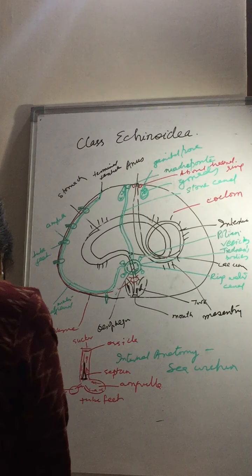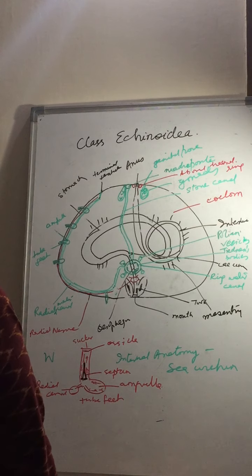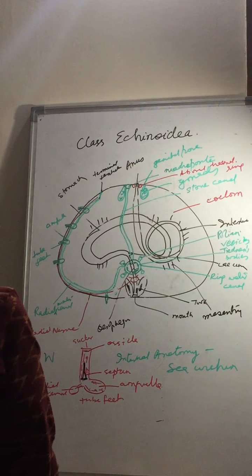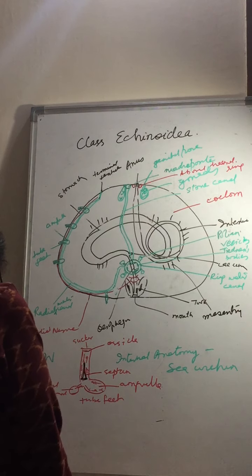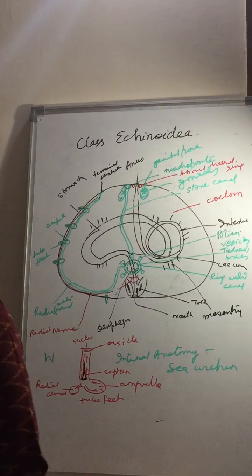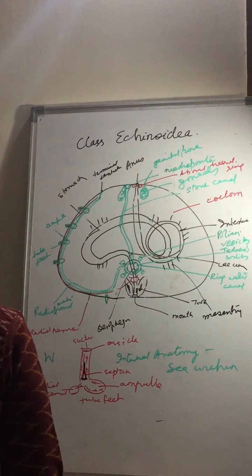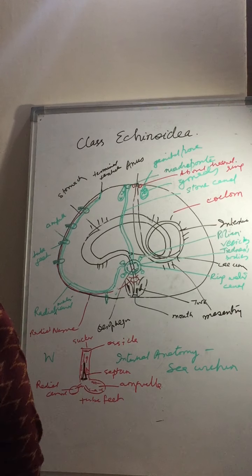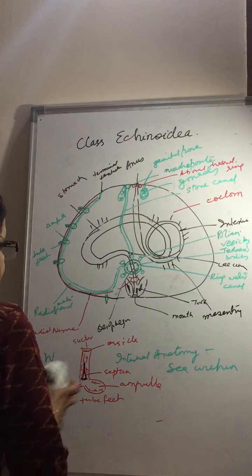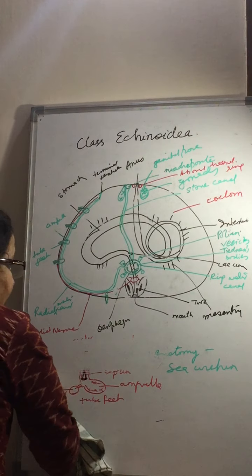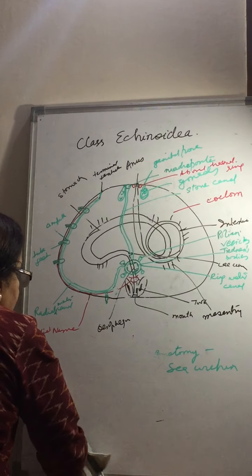There are five perihemal radial vessels. I will write it here. Now I can rub out these tube feet because we have done them.